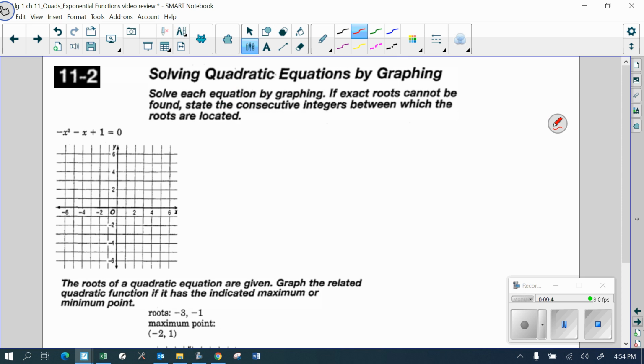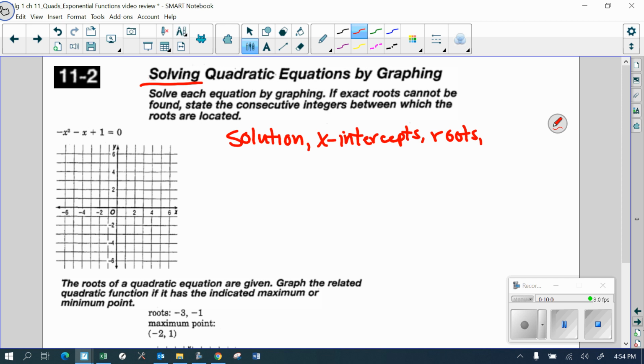All right, solve quadratic equations by graphing. So one of the words that it is called is solutions. Solve means get a solution. It's also called the x-intercepts. It's also called the roots.